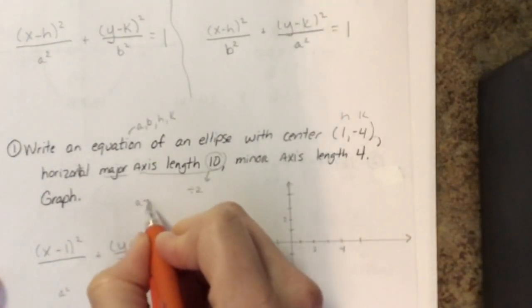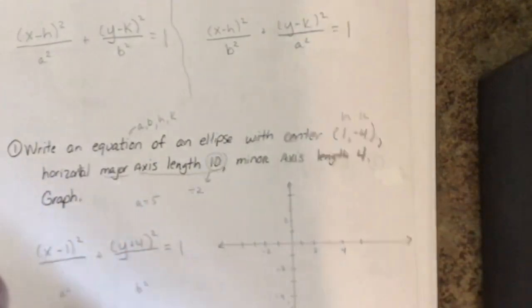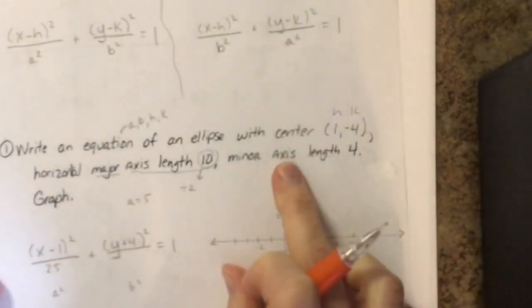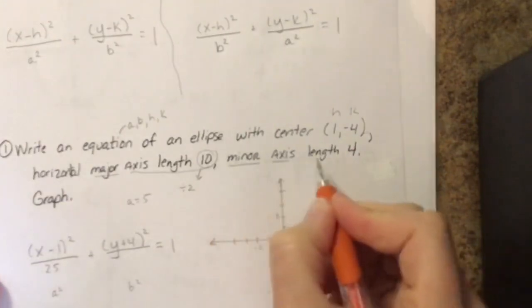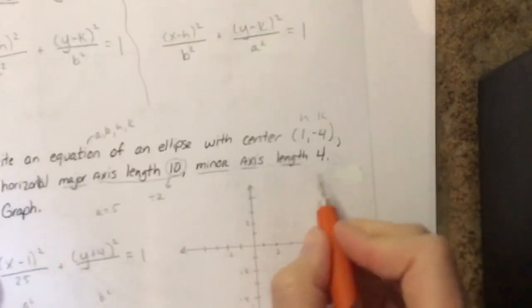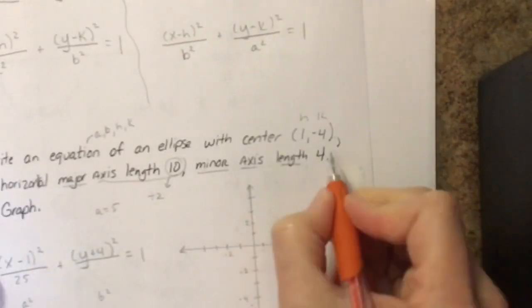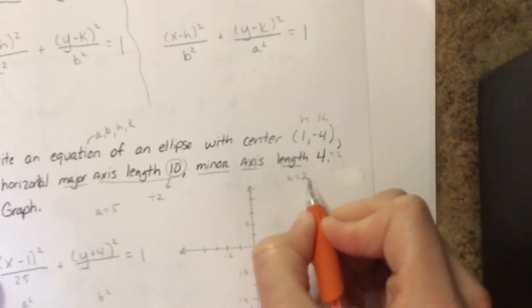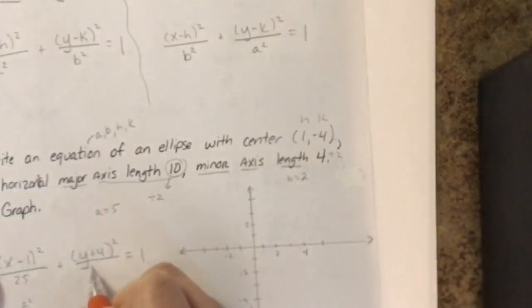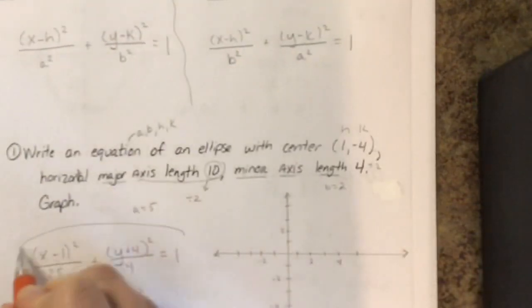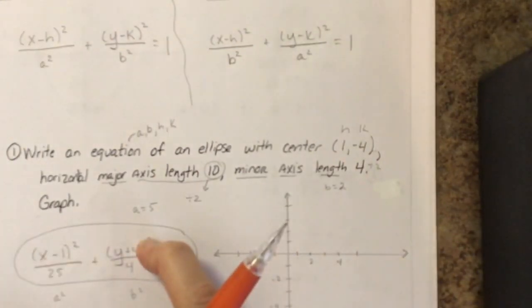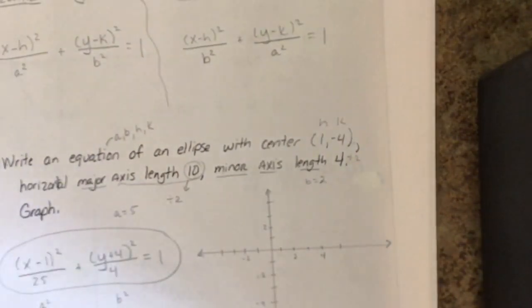So a is 5, and a squared is 25. Your minor axis length is 4, so I take that, divide by 2, my b is 2. But 2 squared is 4. Here's the equation. You need h, k, and you need a and b.